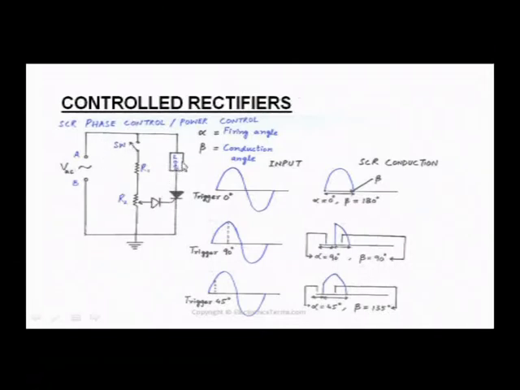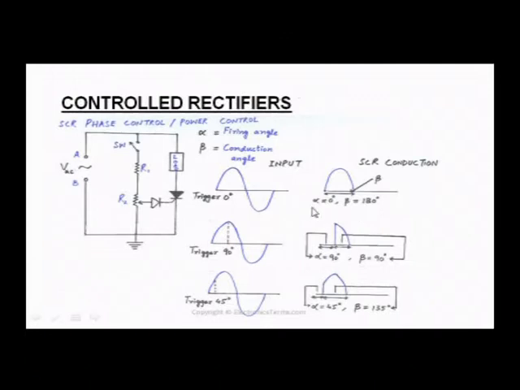I have connected the load in the anode to cathode. Please see, one SCR I have used. I am connecting a load in the anode to cathode and I am giving a trigger pulse through a diode, okay, a positive gate current, right, and then this is my AC input. Please see when I trigger it at 0, alpha is 0.